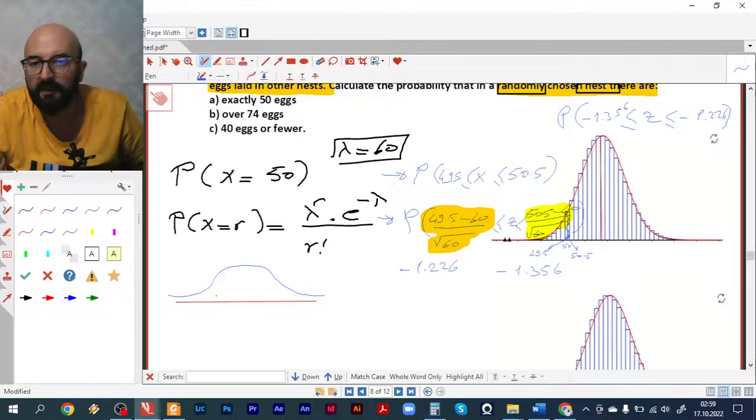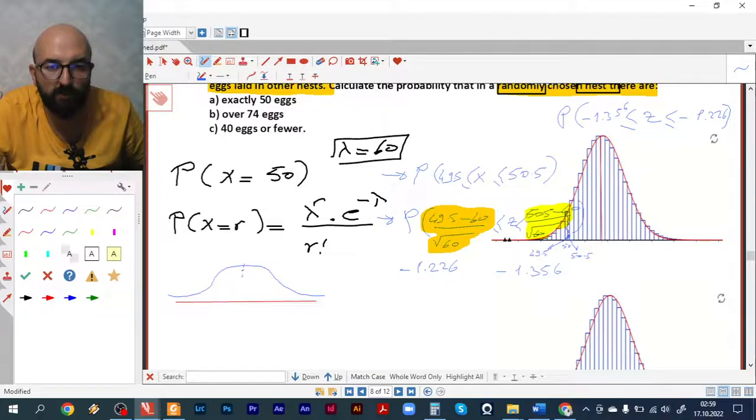The middle of the curve is point 0, then minus 1.356, and we have minus 1.226, and we want to figure out the area between these points.